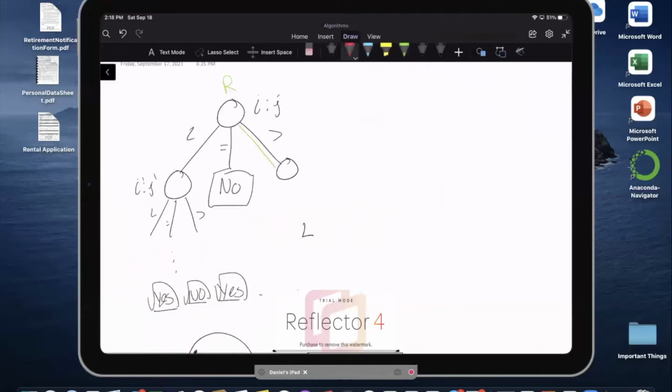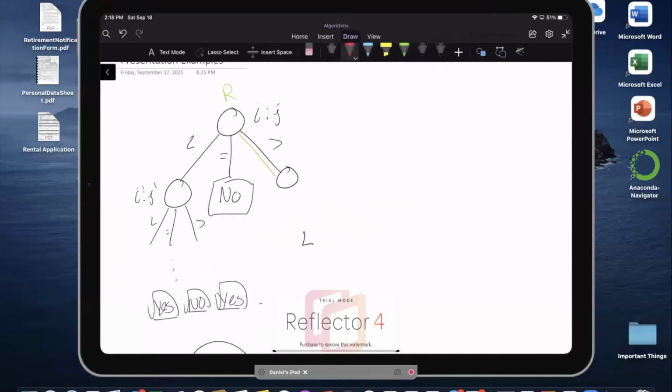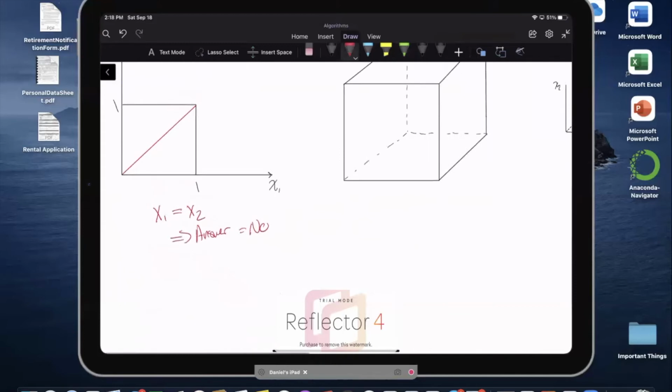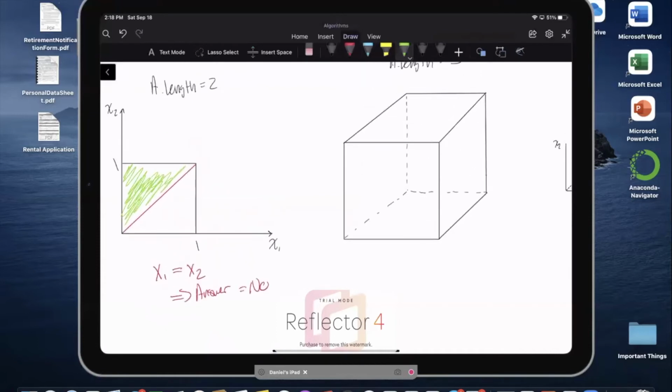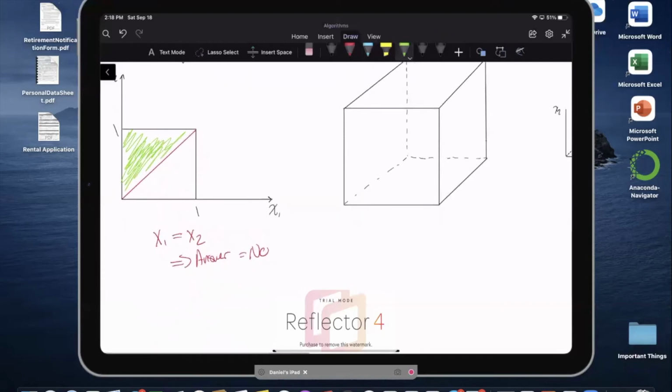But if we take this greater than route, we're now looking at everywhere that x1 is in fact greater than x2. That means we're looking at this entire region above the red line, if we're in 2 dimensions. Similarly, if we took the less than route, then we'd be looking at this entire region below the red line, because x1 is now less than x2, right?